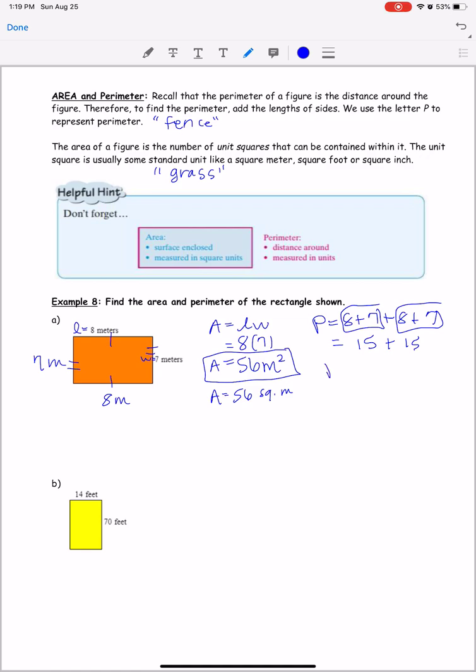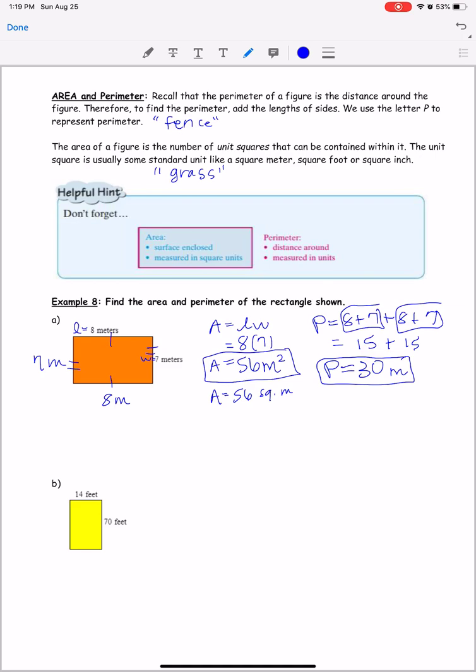And 15 plus 15 is 30. Now when you find perimeter, it is just the unit, since we're not talking about squares anymore. So perimeter is just 30 meters. That's what these little boxes up here are telling you about. Your area is measured in square units. Your perimeter is measured in just straight units.